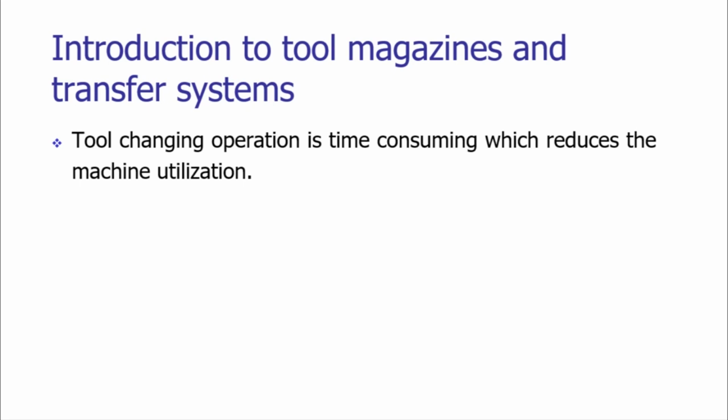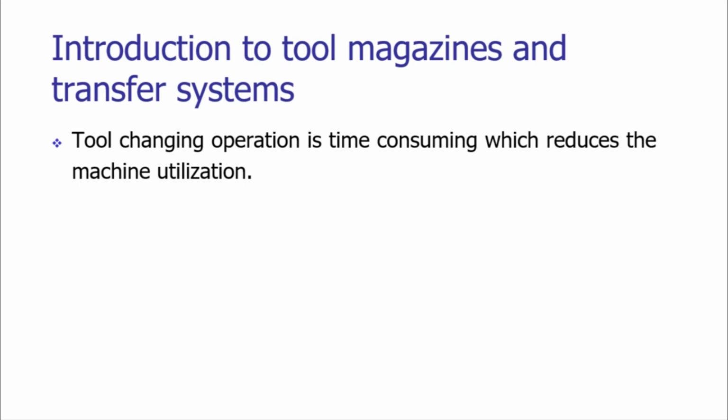The tool is in contact with the workpiece and during that contact it is removing the material from the workpiece. The next is the tool change time, and it consumes a lot of energy and a lot of time during the operation.